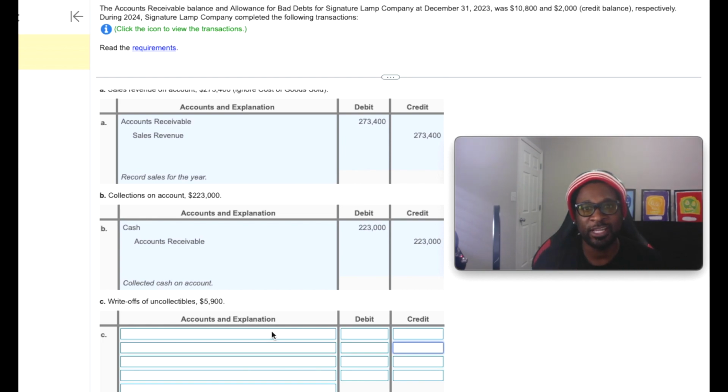Whenever we're utilizing the allowance method, gang, anytime you write off an account, you're going to remove two things off the books. One, the actual accounts receivable portion of the uncollectible amount, and two, the allowance for uncollectible accounts that was created initially during the estimate. Remember, the allowance for uncollectible accounts is created with the estimate journal entry based upon the amount that you expect not to collect from your customers.